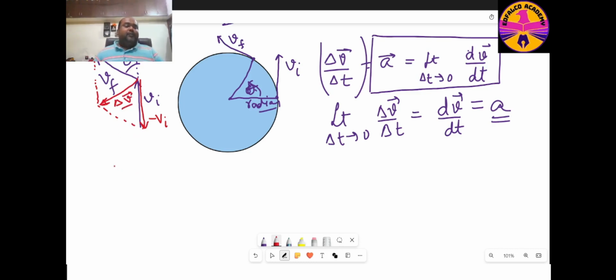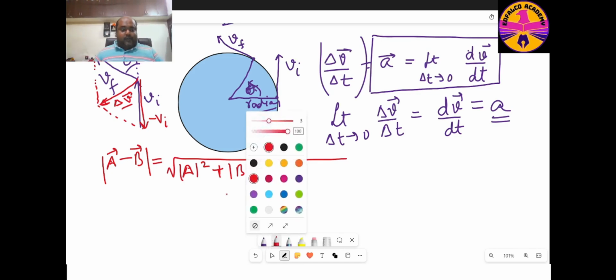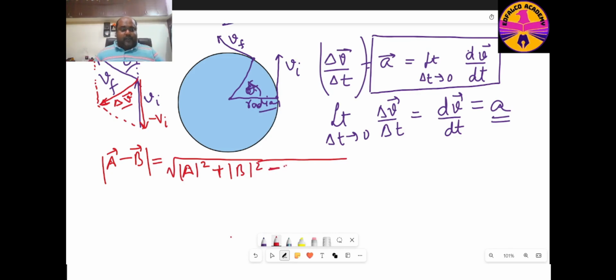Also, you know that if any two vectors a and b are there, how do we find the magnitude of a vector minus b vector? It is the root of magnitude of a square plus magnitude of b square, and if you are doing subtraction, then it will be minus 2 times mod a mod b cos theta.